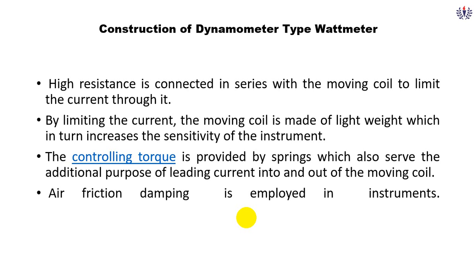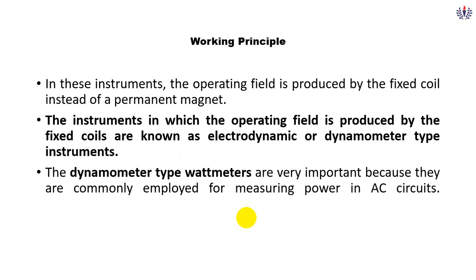It also serves the purpose of leading current in and out of the moving coil. So it depends upon cos phi. And air friction damping is employed in this instrument. We know there are many types of damping: air friction damping, oil friction damping, eddy current damping. Here we are going to use air friction damping.